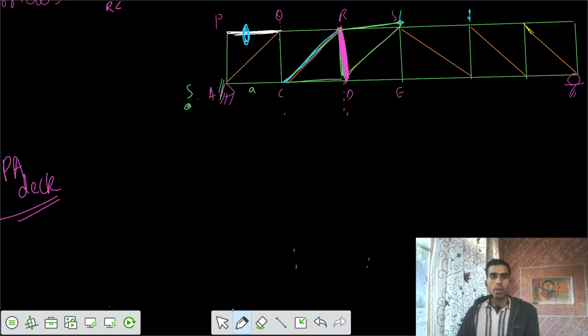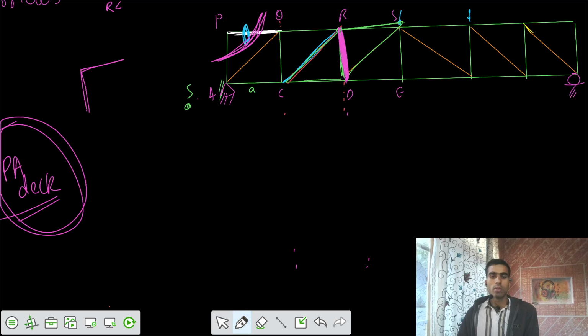If I cut the section in this way, PA deck type, now because the loading is deck type, can you get the ILD directly? Can you say what is the diagram ILD directly? I would say if this is the joint, I am applying the load on this joint.